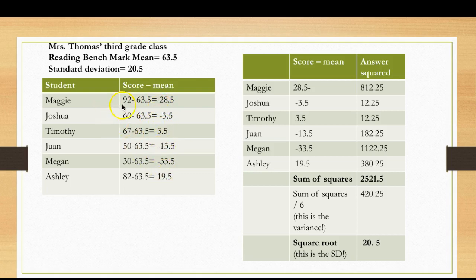That's what the column to the right in the first table illustrates. You'll notice that some of the scores are negative. This isn't going to be an issue because in the next step where we square them, the negative times the negative cancels the negative out and it becomes a positive.